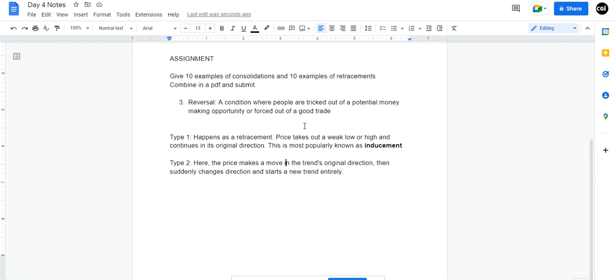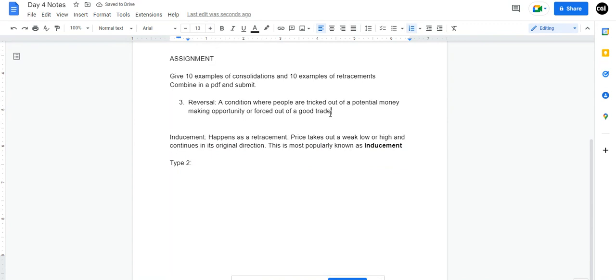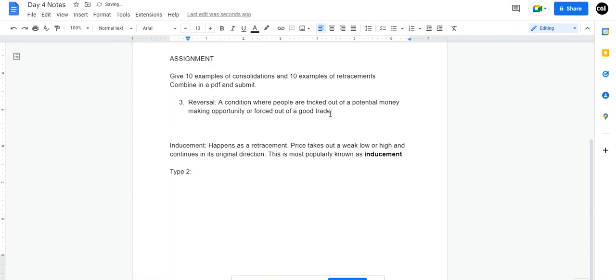Now what I'll do is we would remove this title, type 1, right? So type 1 is no longer called type 1. We'll call it an inducement, but we will not learn much about it till later on. While this would now be our new definition of a reversal. This is our new definition of a reversal here. Okay, so I'll put that in there.